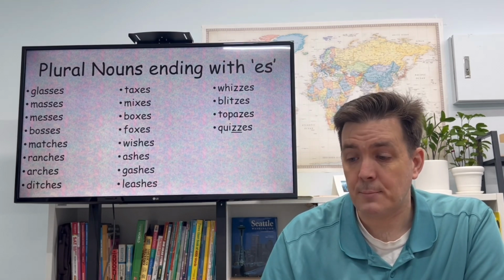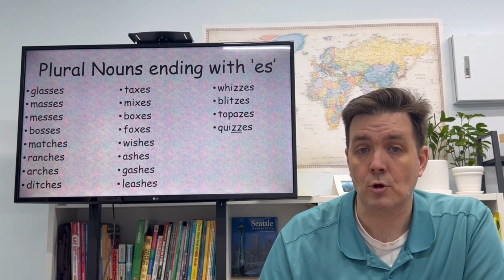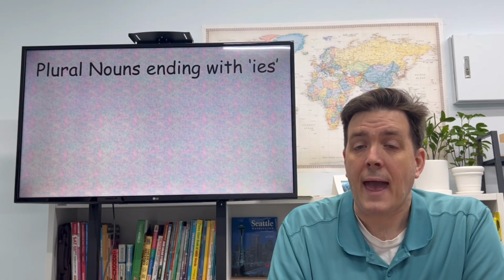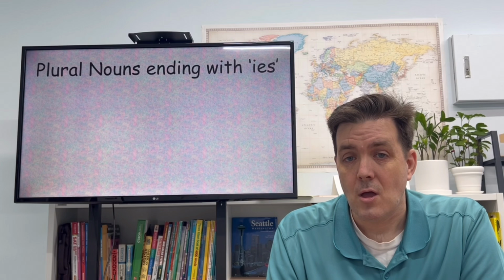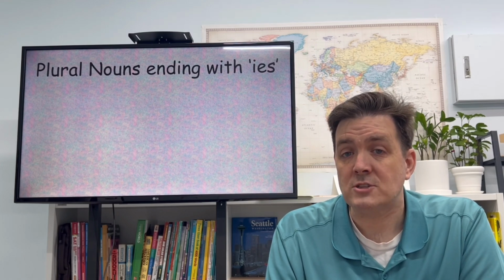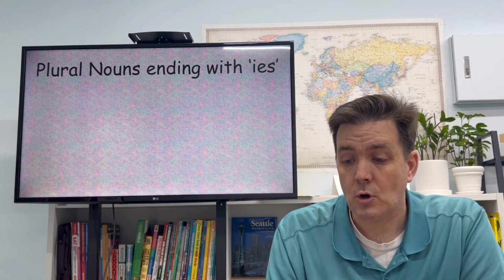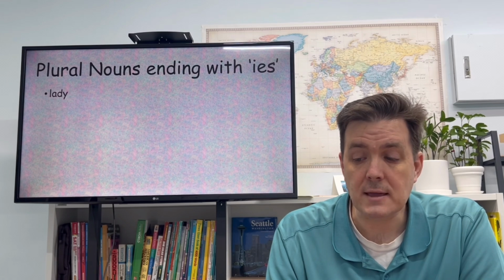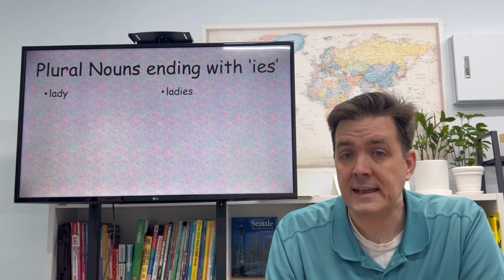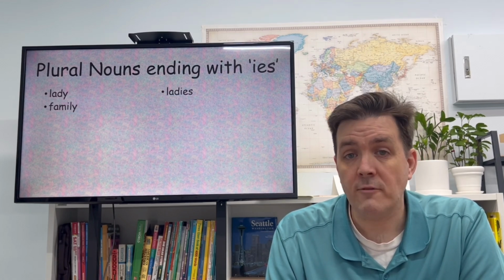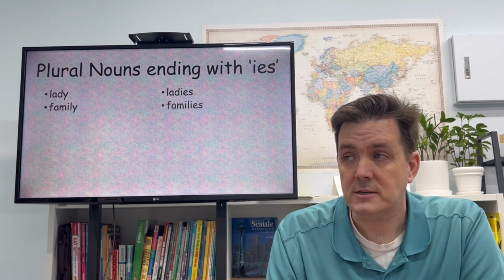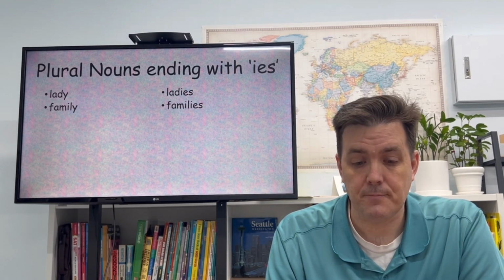Here's one more example of how to make a plural noun, and it's adding IES. All of these are words that end with the letter Y. So watch this. We have one lady, we have two ladies, one family, and two families.